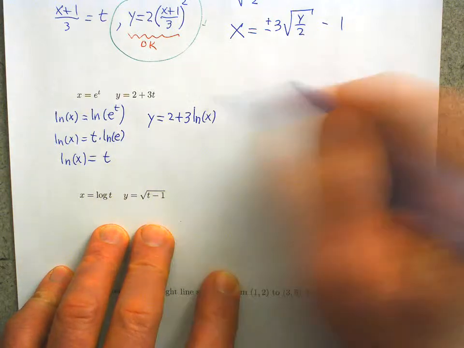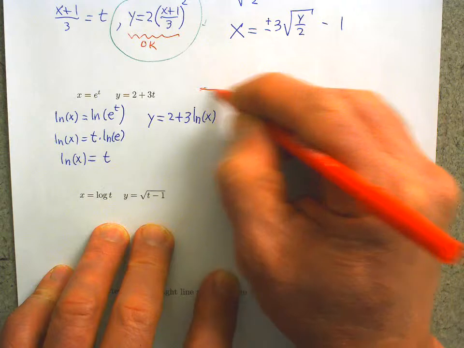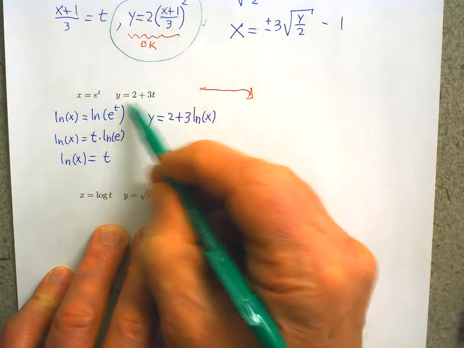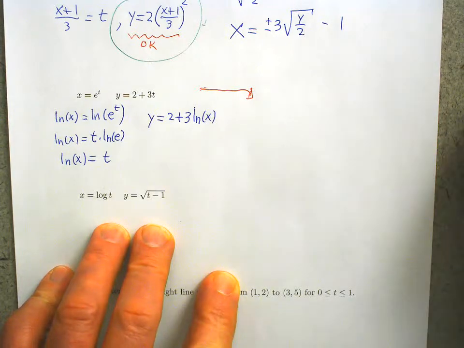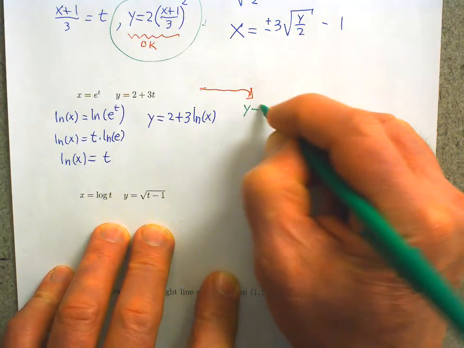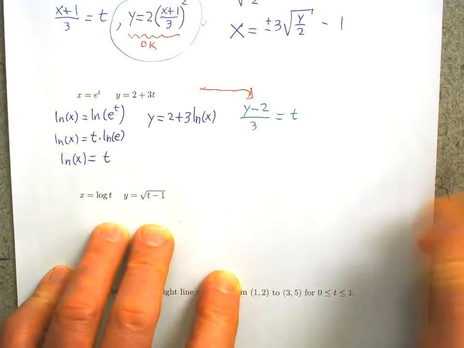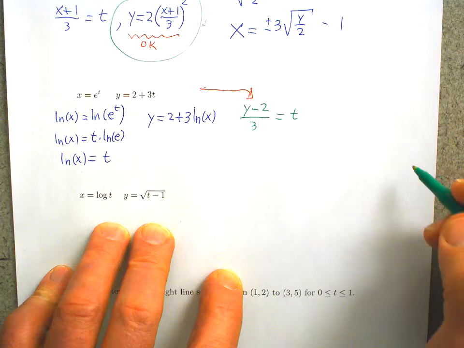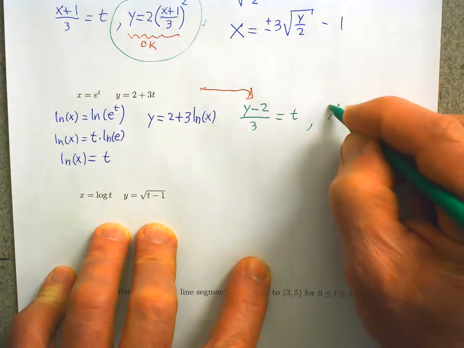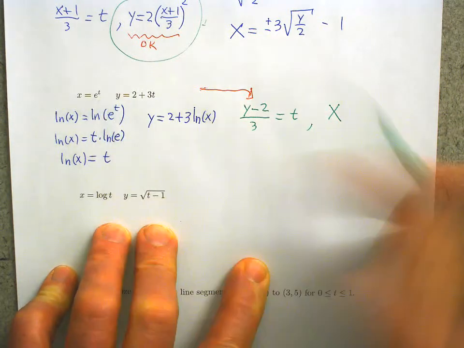Okay, that's one way to do it, but there's a second way to do it. This time we will solve y equals 2 plus 3t for t. So subtract 2 from both sides and then divide by 3. We get y minus 2 divided by 3 equals t. And then in the other equation, we're starting out with x equals e to the t.